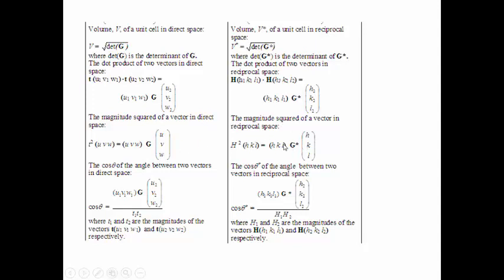G goes to G star, U, V, W goes to H, K, and L. And similarly, we know how to calculate the angle between two vectors in direct space, and we know how to calculate the angle of the two vectors in reciprocal space. So you know an enormous amount about the reciprocal space.